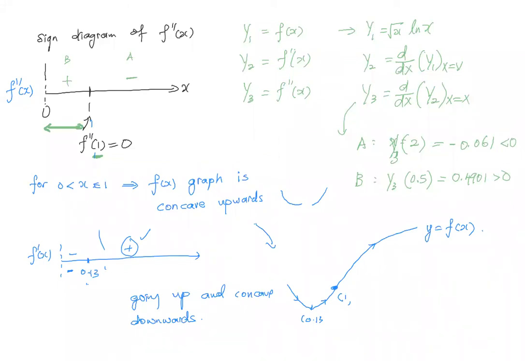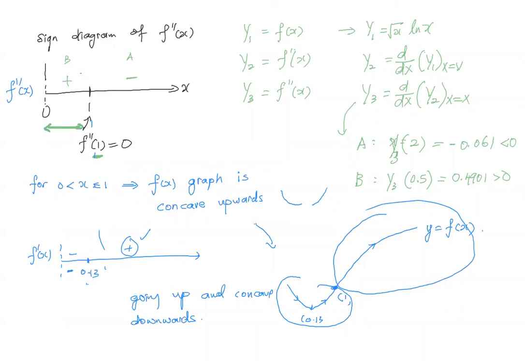Hello, class, are you okay? Miss, can you explain again how do we use the positive and negative at the f double prime x for the graph? So it is telling you the shape of the f(x) graph. You see, this part is concave upward. This part is concave downward.